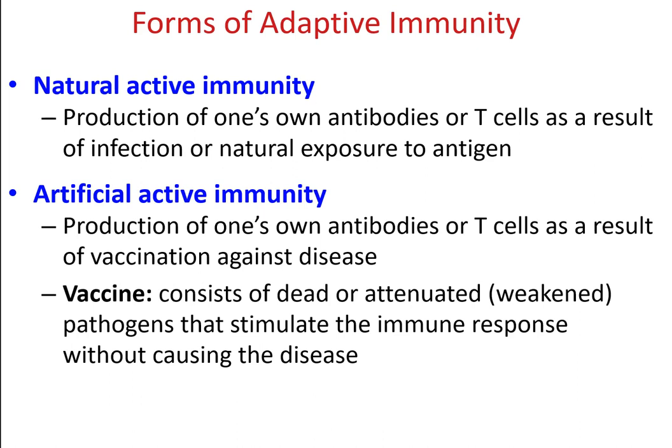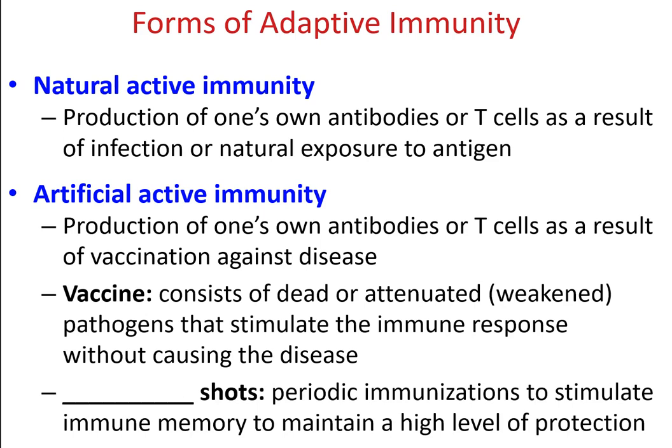But once again, the purpose of the vaccine itself is to let the body be triggered into being prepared for a particular threat without actually having to be exposed to the full force real threat. Now, sometimes you have to get booster shots, which are periodic immunizations to stimulate the memory, because of course we live for a long time.